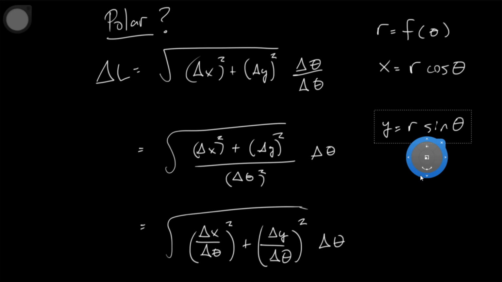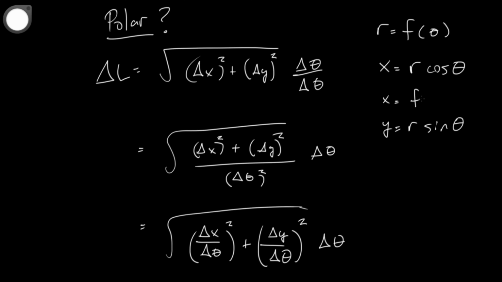X is f of theta times cosine theta. Y is equal to f of theta sine theta. Delta x over delta theta, that's just the derivative of x with respect to theta. Delta y over delta theta, that's just the derivative of y with respect to theta.